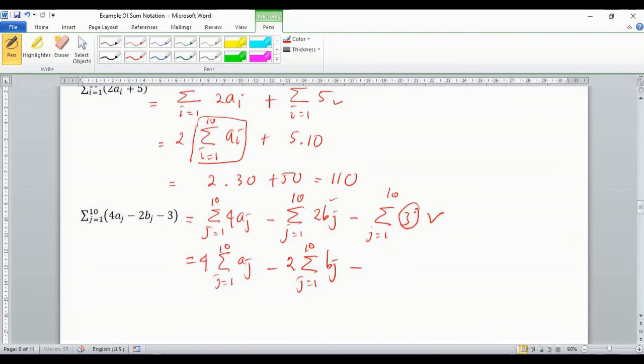Because there is a constant, we can write 3 times 10, everyone, right?